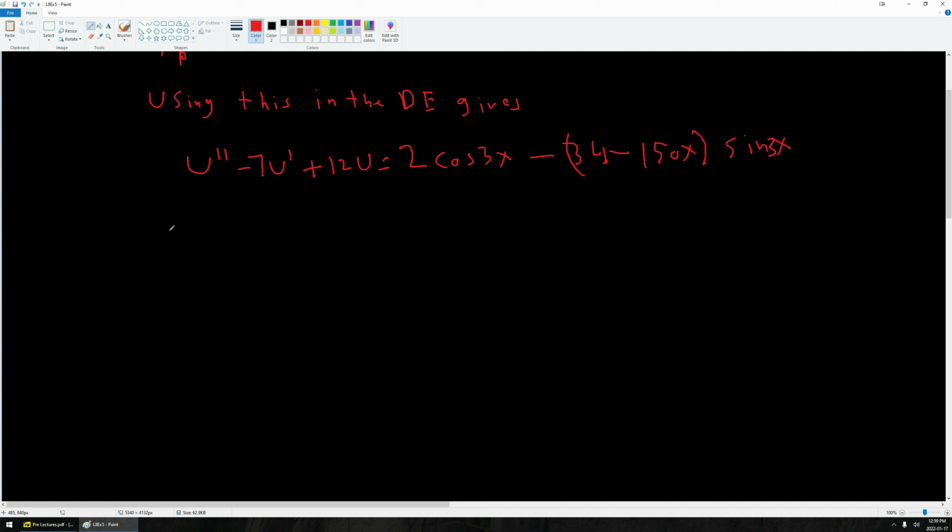So here I can apply that theorem, and I can note that since my sine of 3x and my cosine of 3x do not solve the equation u double prime minus 7u prime plus 12u equals 0, so the complementary equation, I can make my ansatz of the form as follows.